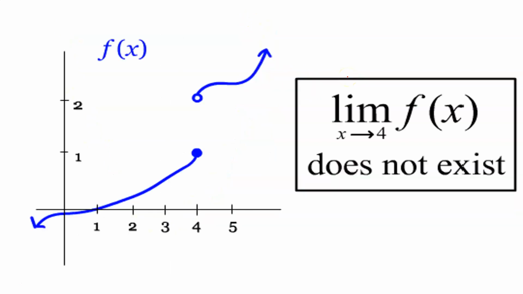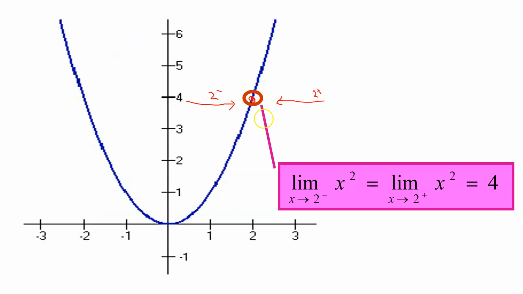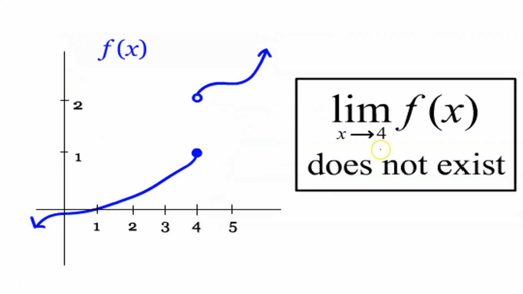Kalau you have a graph looks like this, it means that the limit does not exist, because obviously the curve over here is disconnected. Okay, dia terputus. But this one, the curve is connected. Okay, so this is limit exists, while this one, the limit does not exist.